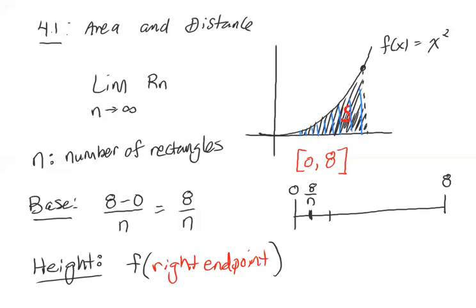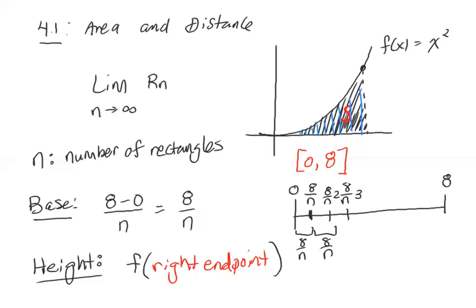This next piece, well, if this is 8 over n, that's the base of the rectangle. This is another 8 over n. So this next piece will have an x coordinate of 8 over n times 2. This next piece will have an x coordinate of 8 over n times 3. So that's 3 8 over n's, etc.